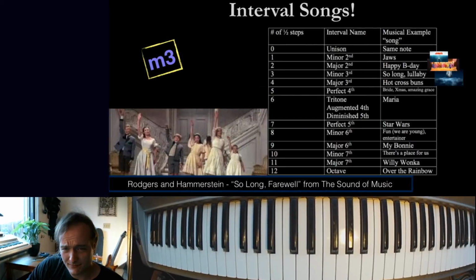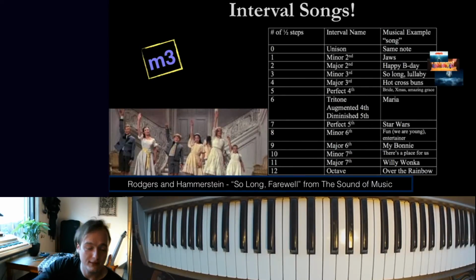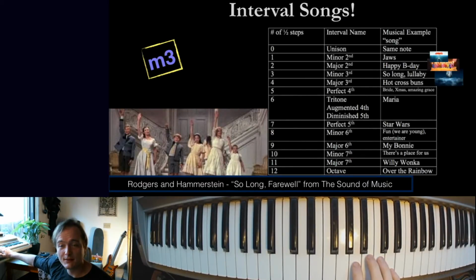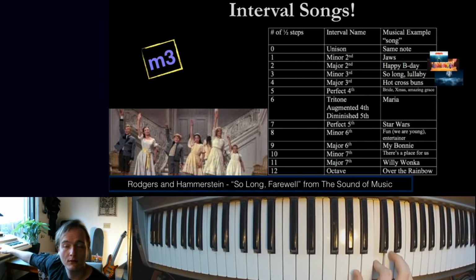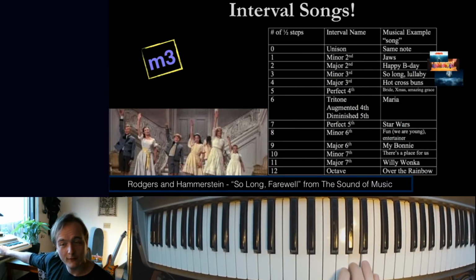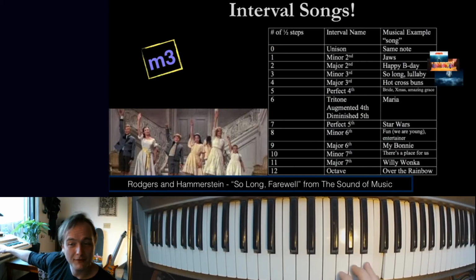Almost exactly the same melody, actually, is Rodgers and Hammerstein's So Long, Farewell from The Sound of Music. This song, So Long, Farewell, Auf Wiedersehen, Goodbye. And if we just play that in the same key as the Brahms, you'll hear the similarity. Remember, the Brahms was... And then So Long, Farewell is... So you see how it goes 3, 5, 3, 5.